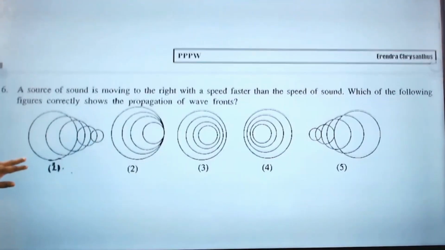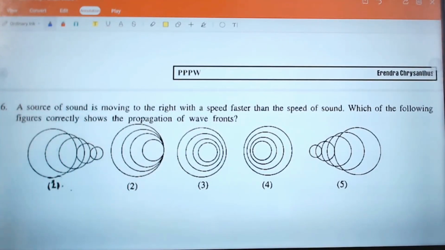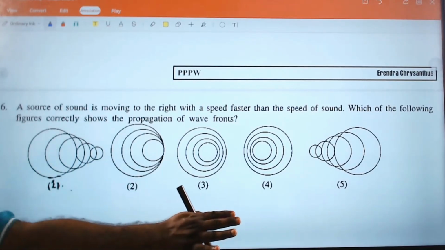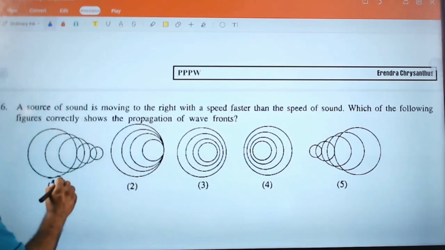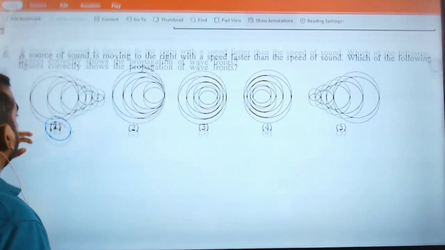Right, moving on. Here you go. A source of sound is moving to the right with a speed faster than the speed of sound. Moving to the right means this way, so a pressure cone is formed in that direction. Correct answer is answer number 1. Right.